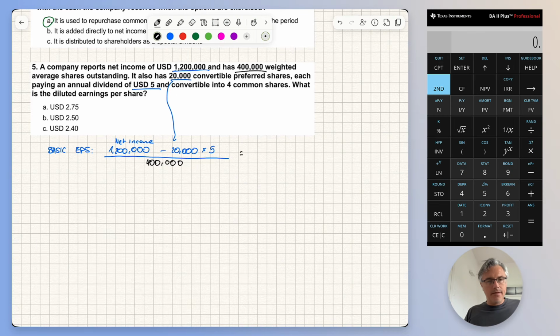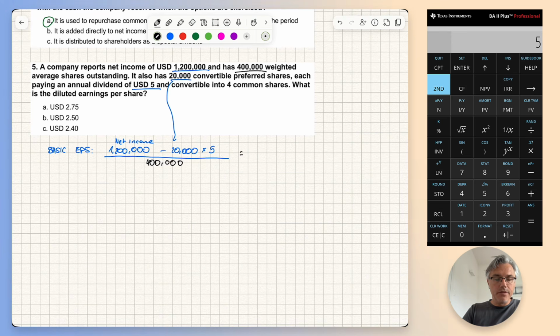So now my calculator, which you've been seeing on the screen, will come in useful. 1,200,000 minus 20,000 times 5.